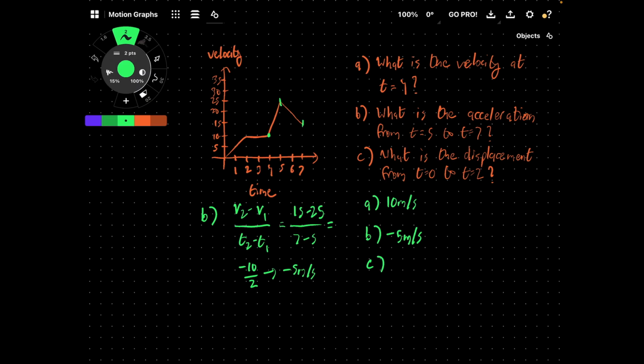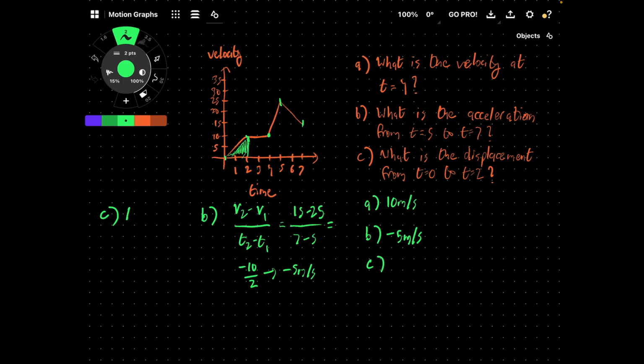Now the third and final part is what is the displacement from t is equal to 0 to t is equal to 2. So basically, what we have to figure out is the shaded area that I'm showing below. So, as you can see here, it is a right triangle, since if we draw a line straight down from t is equal to 2, wherever the velocity is at, and we have the horizontal line, we get a right triangle with sides 2 and 10.